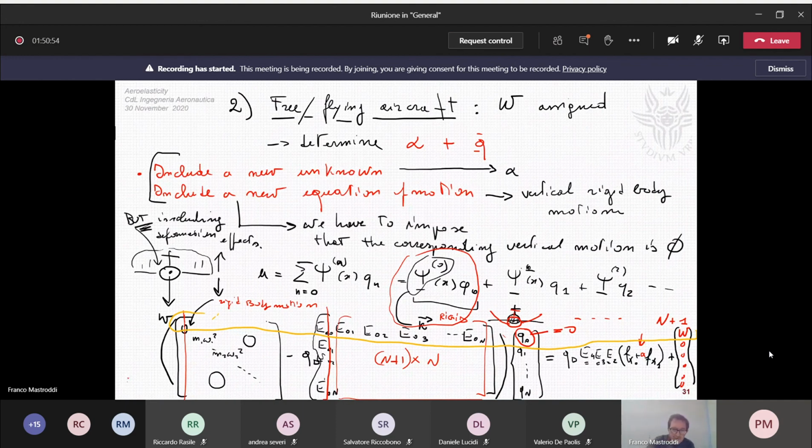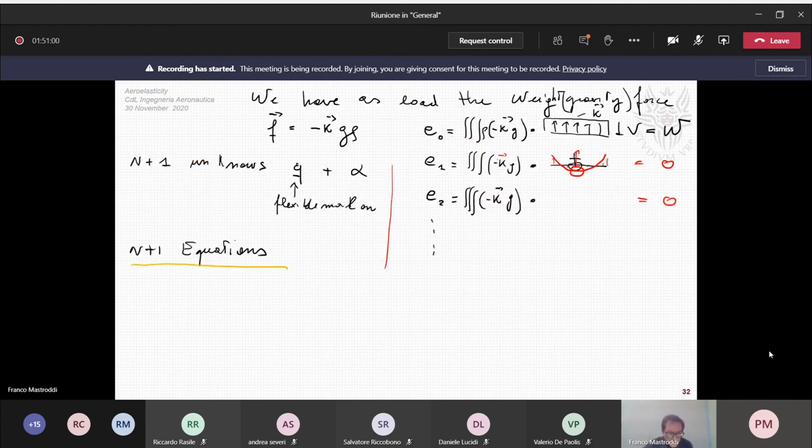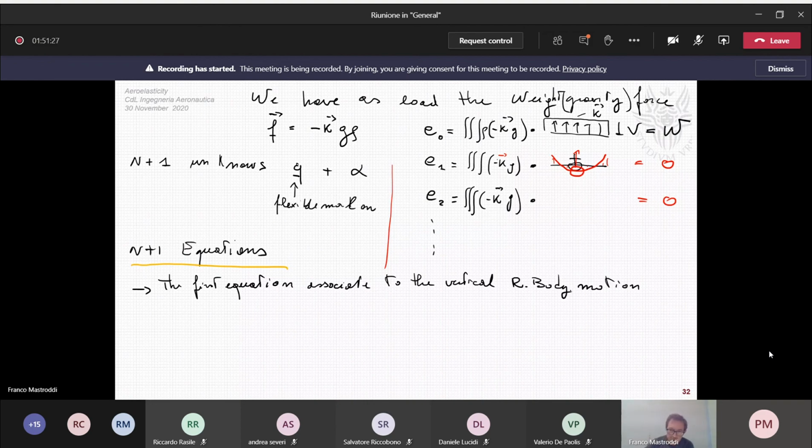And the first equation, associated to the vertical rigid body motion, the first equation of motion states the following.